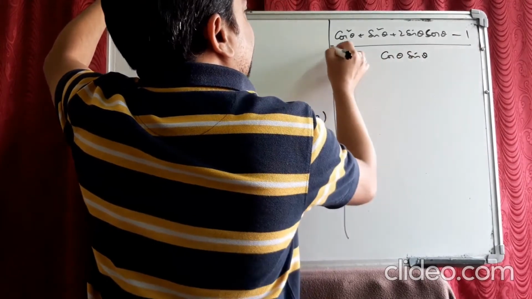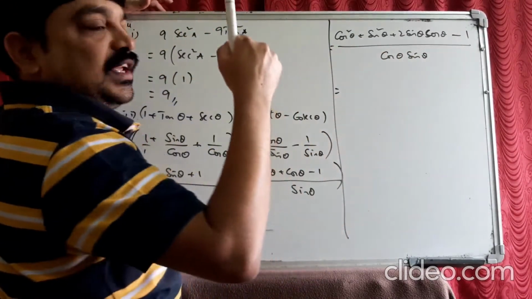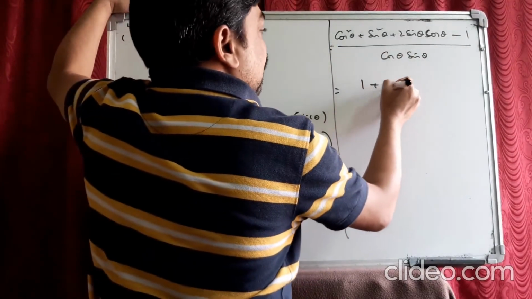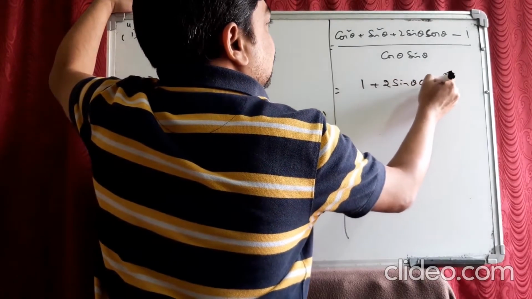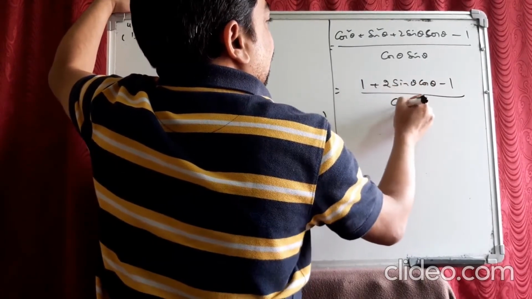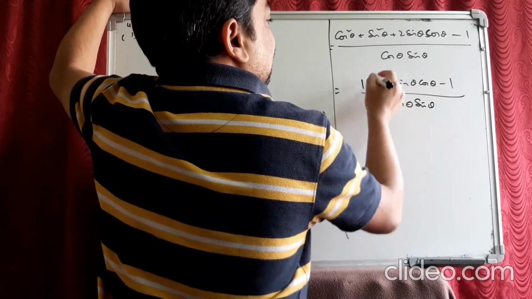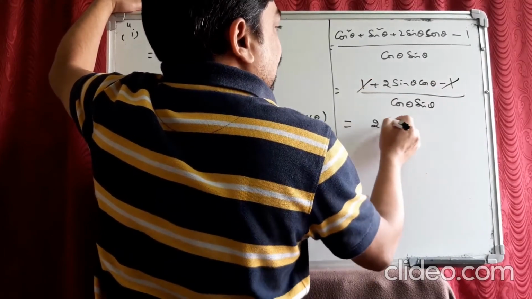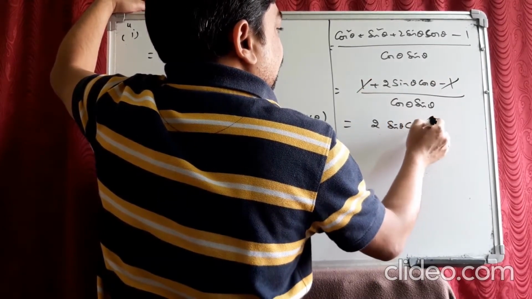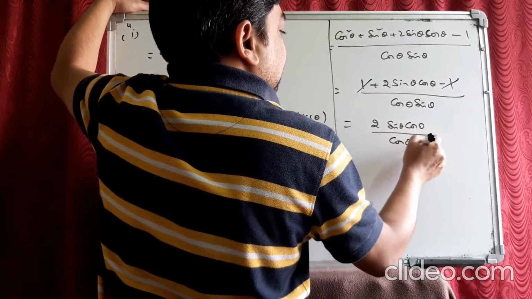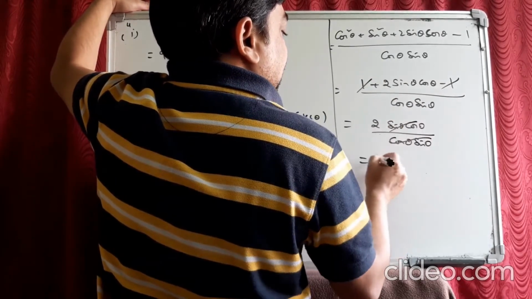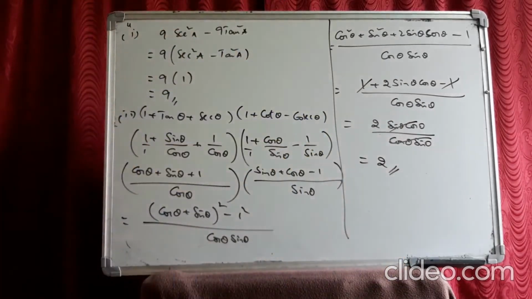But according to the identity, cos square plus sin square can be written as 1. So 1 plus 2 sin theta cos theta minus 1 by cos theta sin theta. 1 and 1 get cancelled. So 2 sin theta cos theta by cos theta sin theta cancels, and the answer is 2.